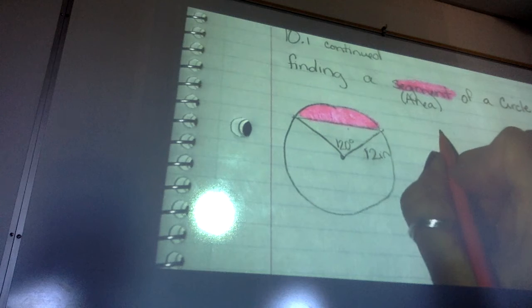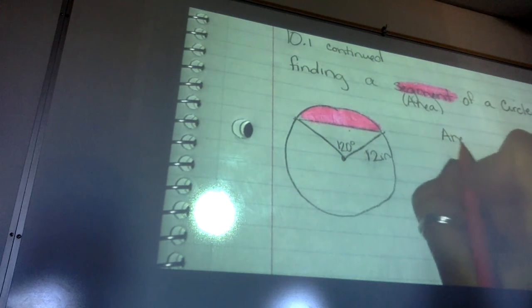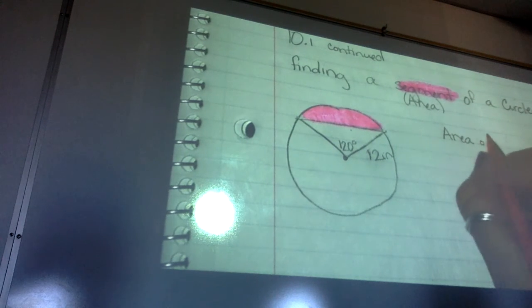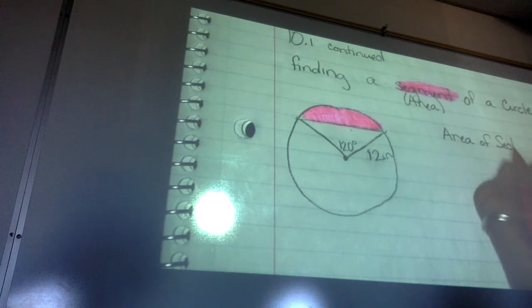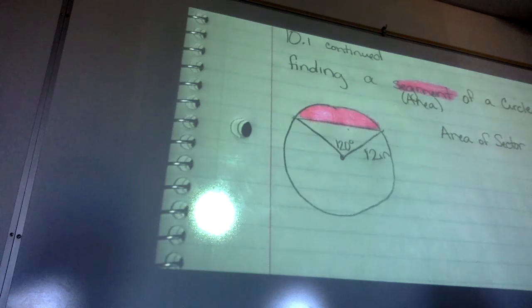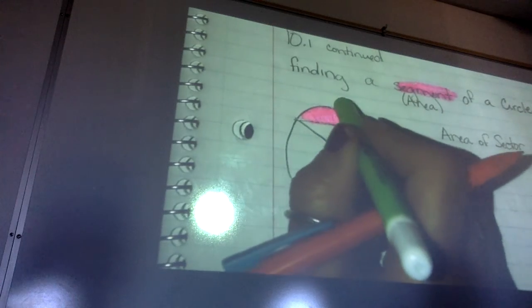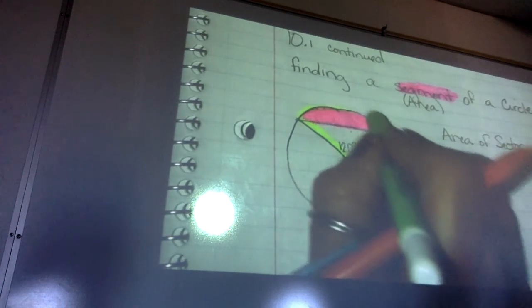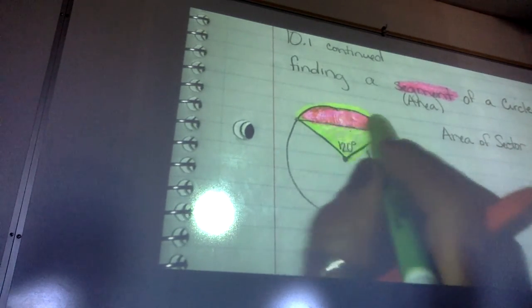The idea is to find, first of all, the area of the sector. The area of the sector is the whole piece of the pie that got eaten.